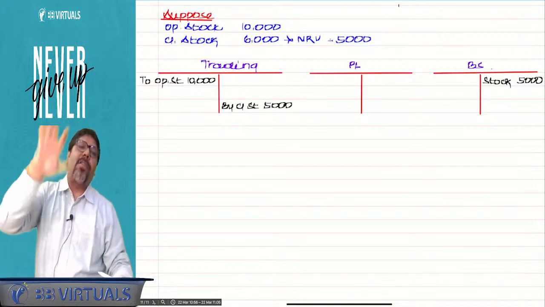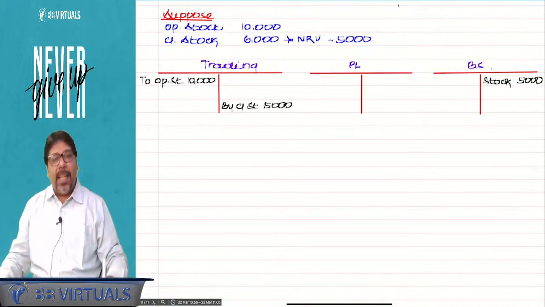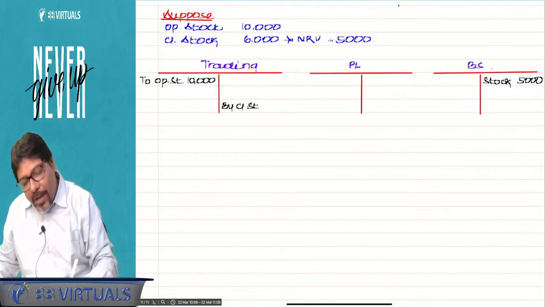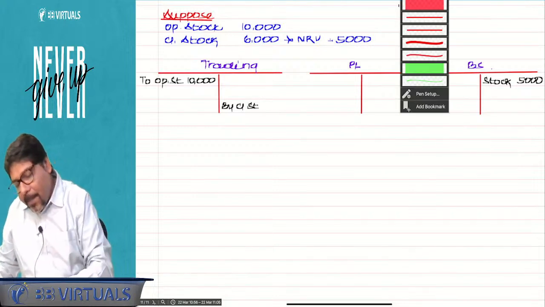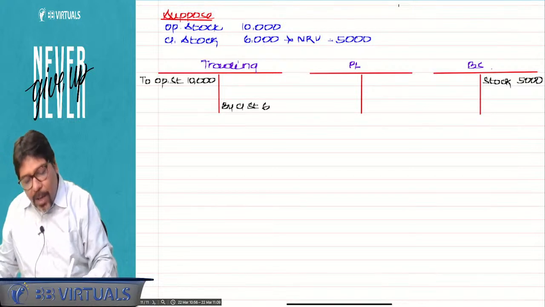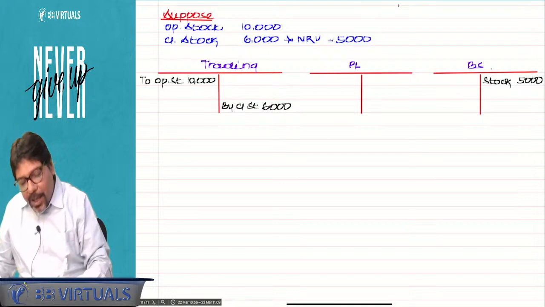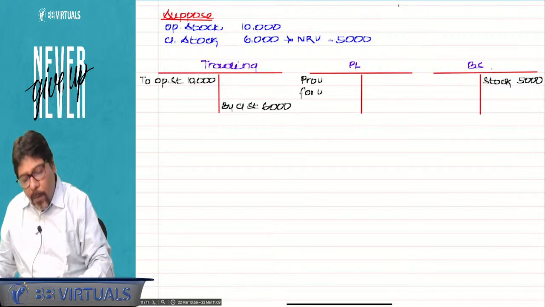But I have recorded stock only as 5. Is that correct or incorrect? Incorrect. So chartered, over here I should have recorded 6, and over here I should have recorded provision for write-off in stock.